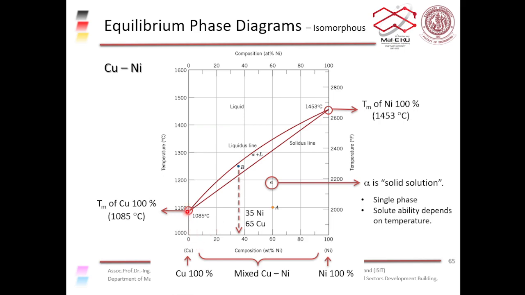So this is the melting point of copper, which is about 1085 degrees Celsius. And this is the melting point of nickel, which is about 1453 degrees Celsius.